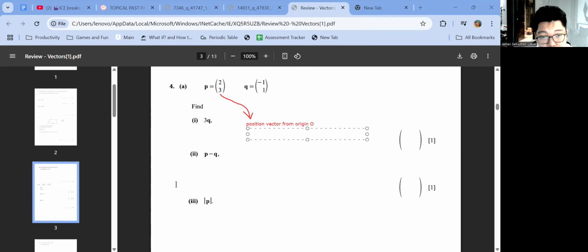P is (2, 3). If this is the position vector from O, then if we have point P and OP is the vector P, then P is (2, 3). Again, always x first on the top, then y at the bottom.